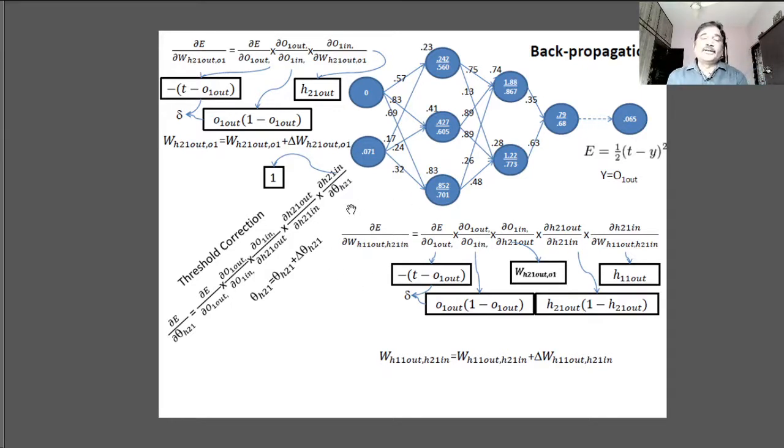So I want to find the differentiation of the error with respect to this weight, the address of which starts at the output of this neuron and ends at the input of this neuron. Let us find them one by one: dE by differentiation of the error with respect to O1 out.